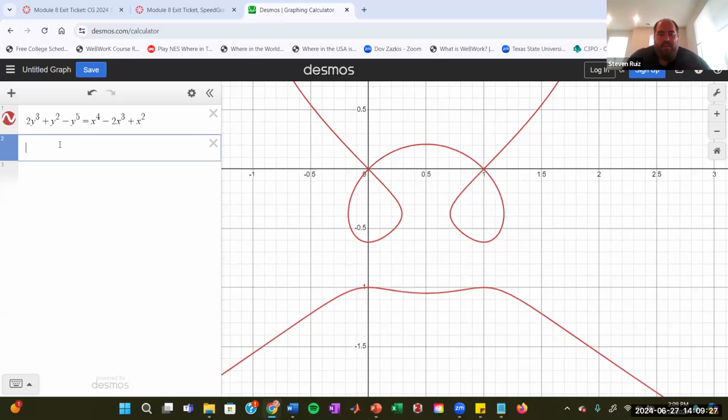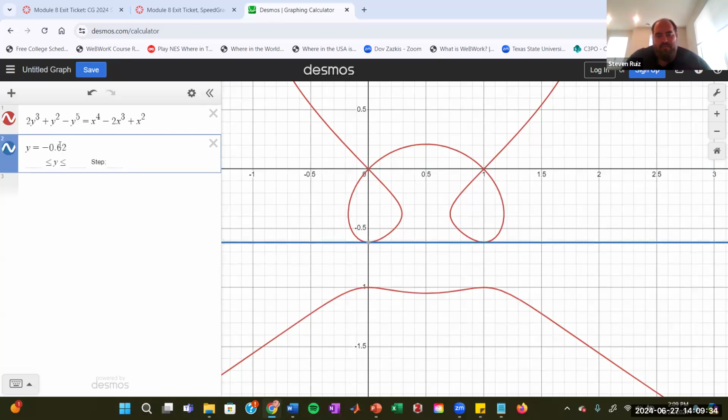Let's do this. Y equals, what is that about? Negative 0.62. Pretty good. Good enough. So I believe I have a tangent line that's horizontal at both x equals 0 and at x equals 1.